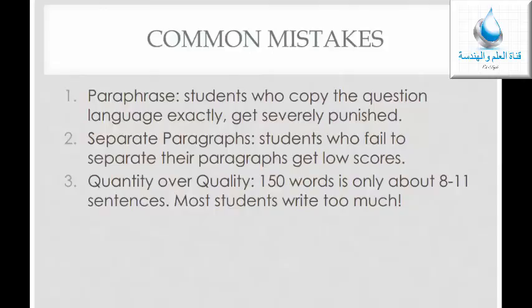All right, and the other mistake that is made is quantity over quality. 150 words is only about 8 to 11 sentences. That's all it is. It's no more than that. Okay, and sometimes people think, well, if I write a lot, I'll get a better score. For most of you, when you're writing 250, 300 words, all you're doing is showing me more of your mistakes.